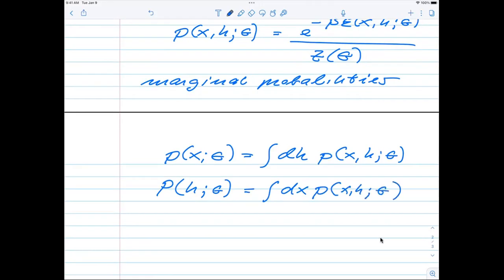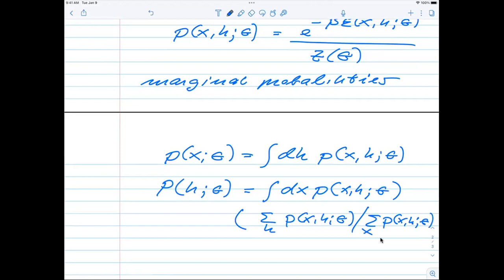And if these are discrete functions, this will obviously be either a sum over h of p of x and h and theta, or if we are interested in the probability of h, a sum over x of p of x and h and theta. So this is in case we are dealing with discrete variables.